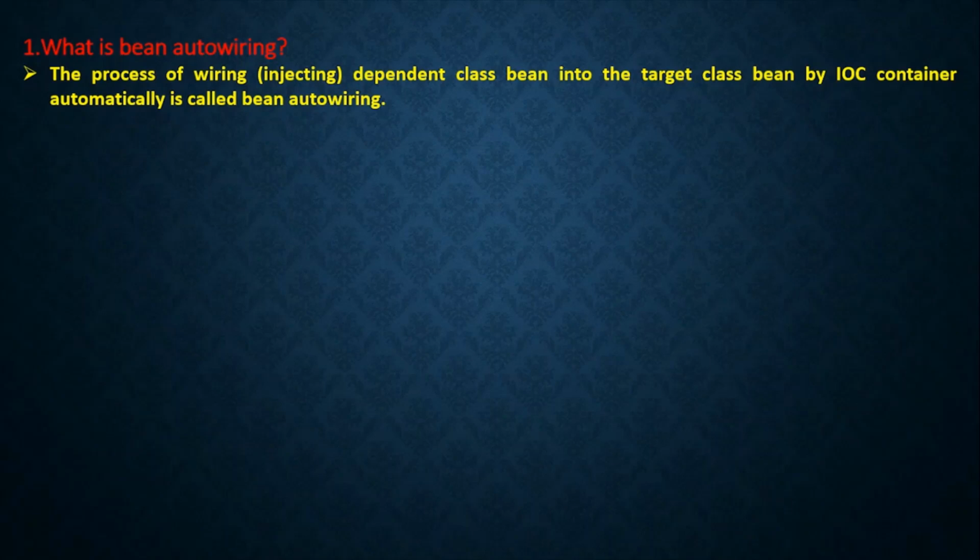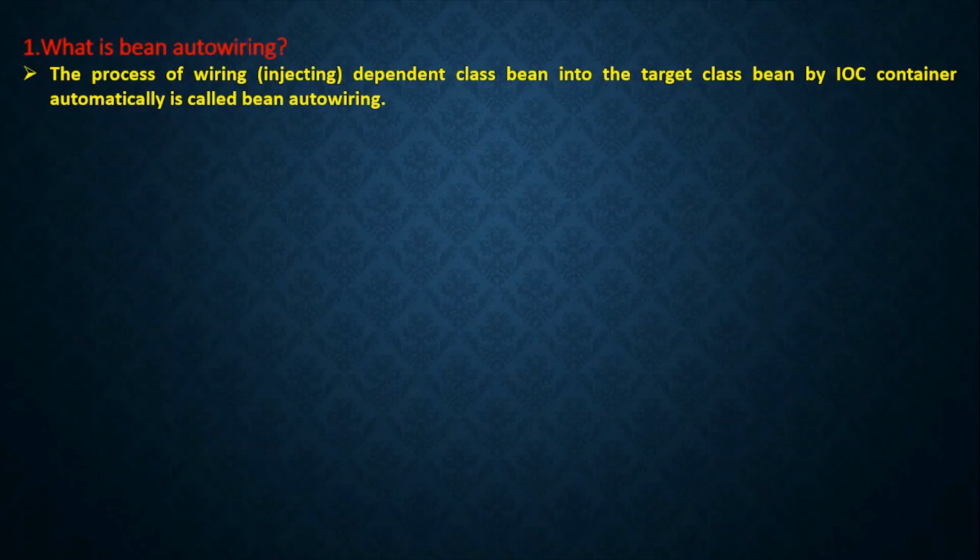That we are not going to do. Here we will only declare the bean definition, what the dependent and the target class are. Then we will leave the rest of the things to the IOC container.